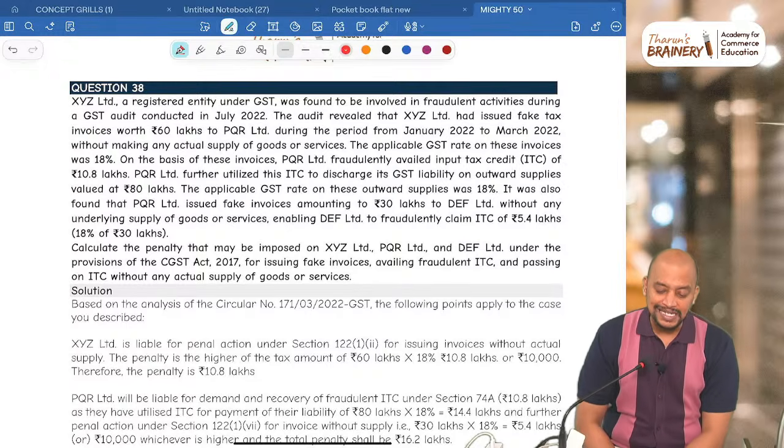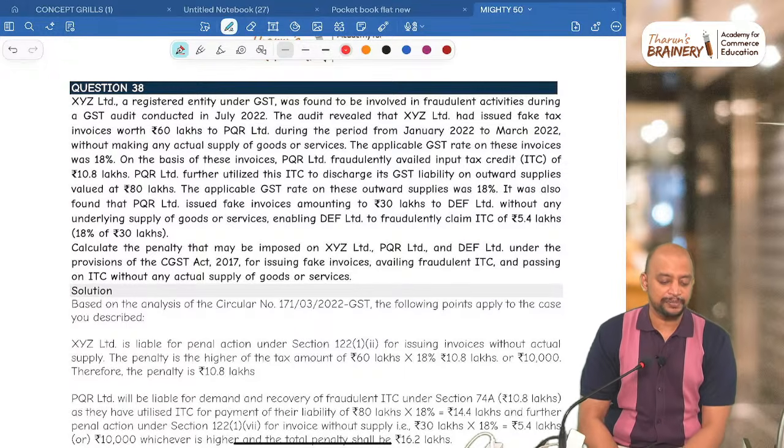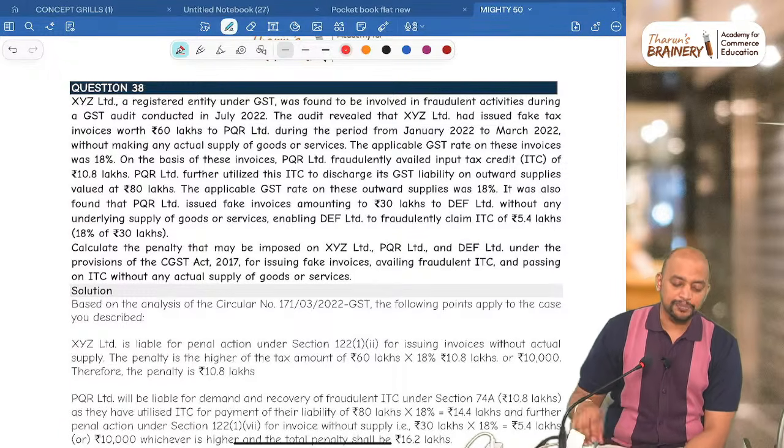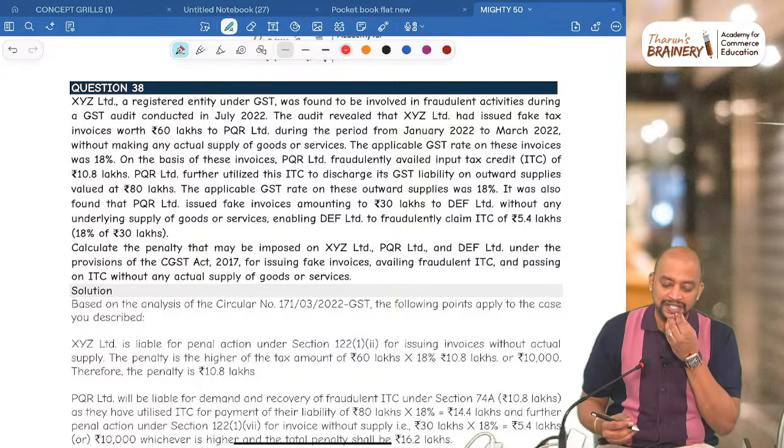The applicable GST rate on these invoices was 18%. On the basis of these invoices, PQR Limited fraudulently availed ITC of 10.8 lakhs and further utilized the ITC to discharge its GST liability on outward supply valued at 80 lakhs.